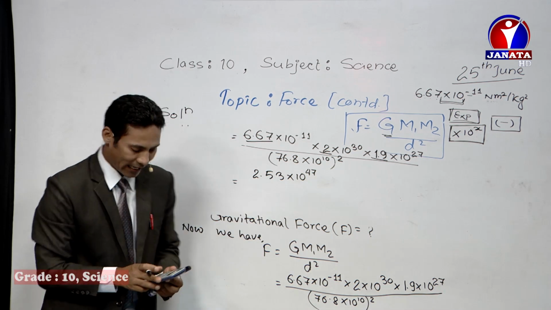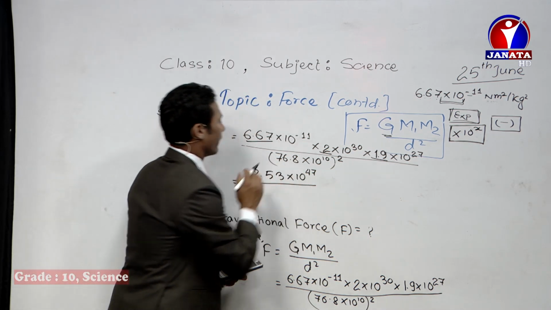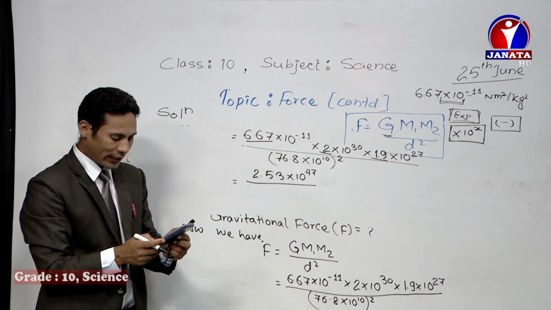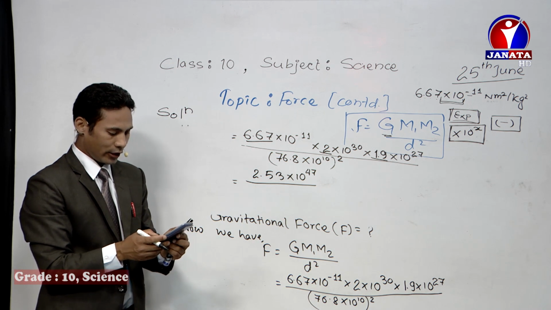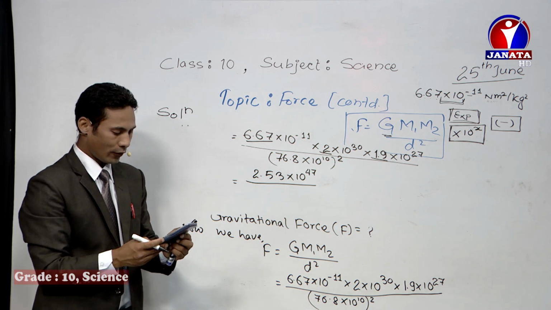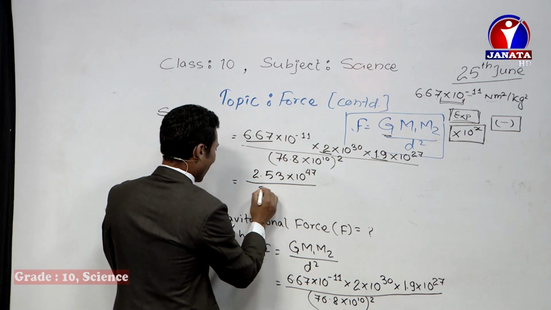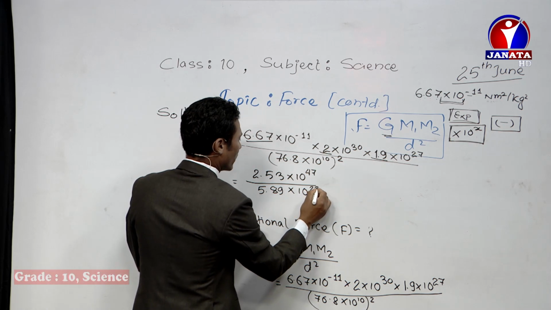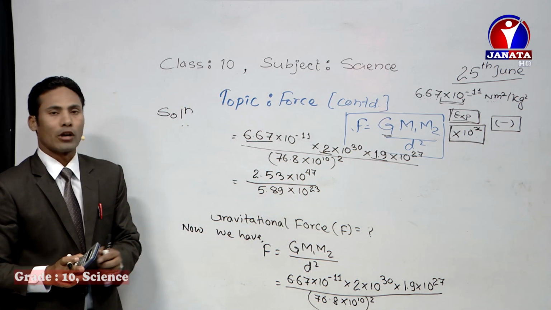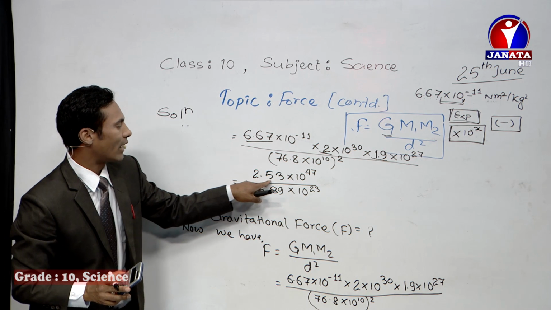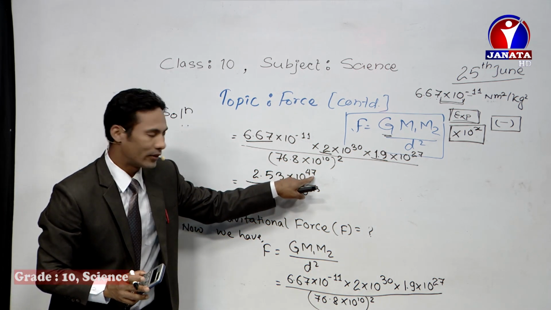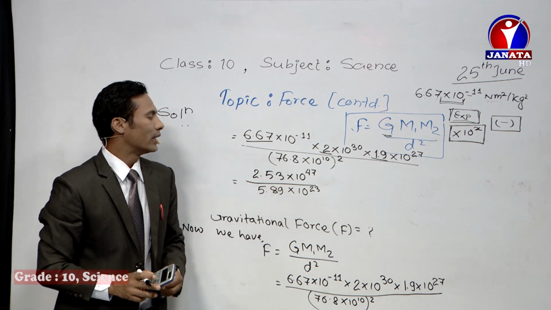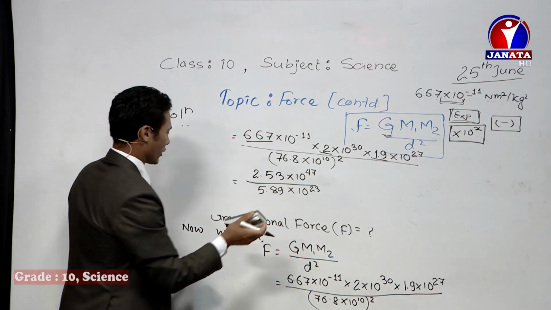Divided by 76.8 into 10 to the power 10 whole square, it will provide 5.89 into 10 to the power 23. So after simplification we get 2.53 into 10 to the power 47 divided by 5.89 into 10 to the power 23.